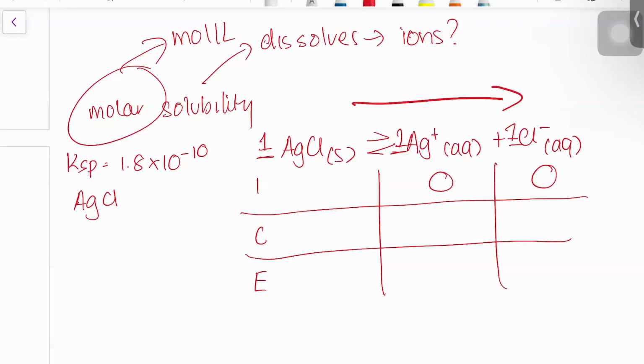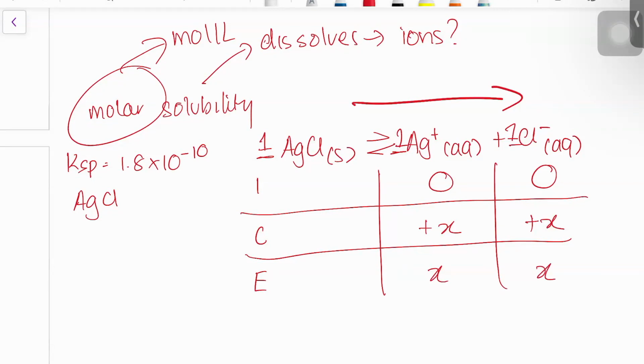You all start with K. What's my change for Ag+ and Cl-? If I don't know the particular number, what letter do I normally give it in maths? Oh, x. Yeah, good. So I'm shifting to the right and it's going to be +x and +x. So at equilibrium, 0 plus x is going to be x, 0 plus x is going to be x.